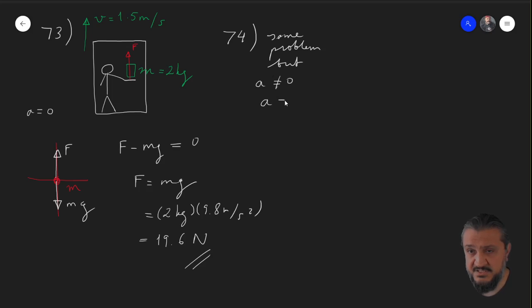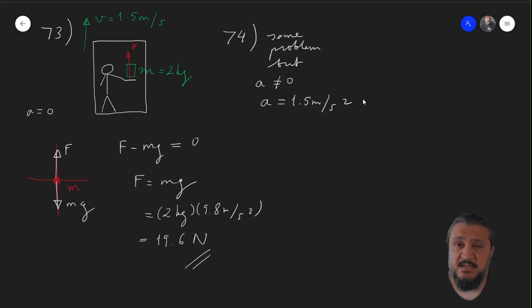There is acceleration, an upward acceleration of 1.5 meters per second squared. Same picture, but now we're accelerating. Again, the velocity at an instant has nothing to do with what we're going to do here. Velocity could be anything at any instant. We don't care. We just care about the value of the acceleration.